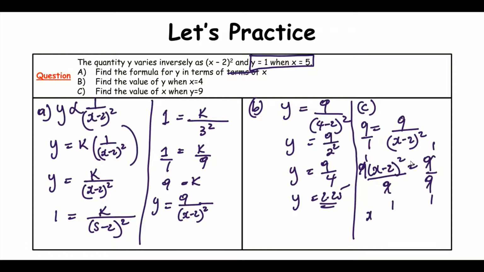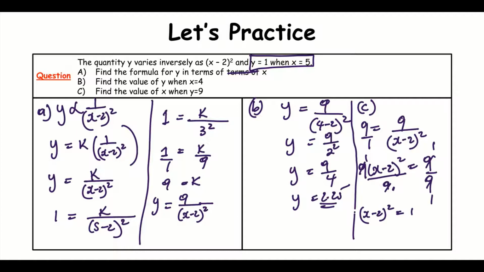So we have x minus 2 all square is equal to 1.